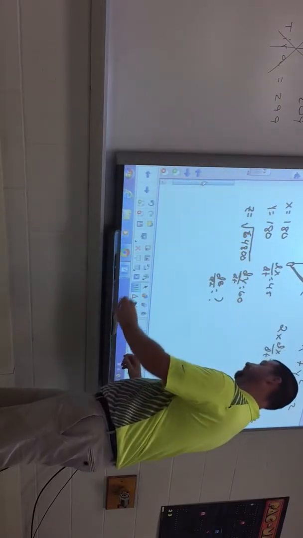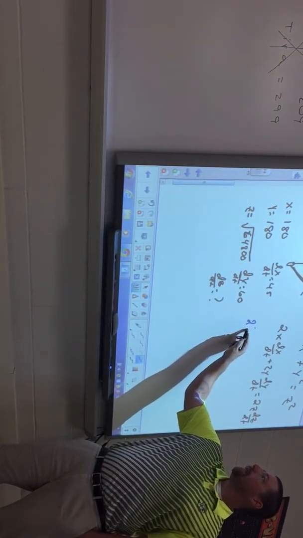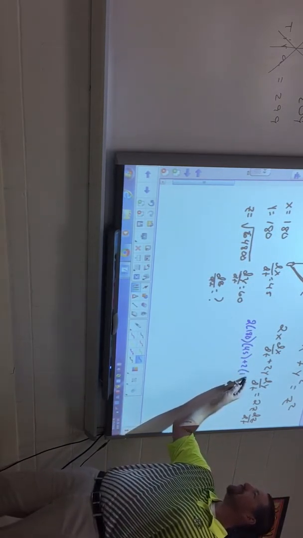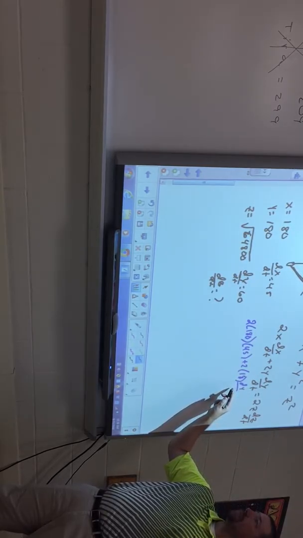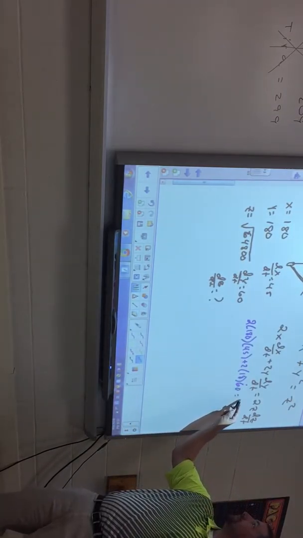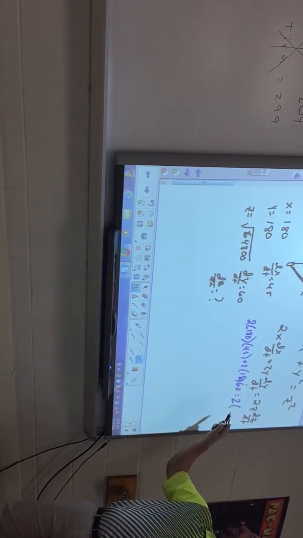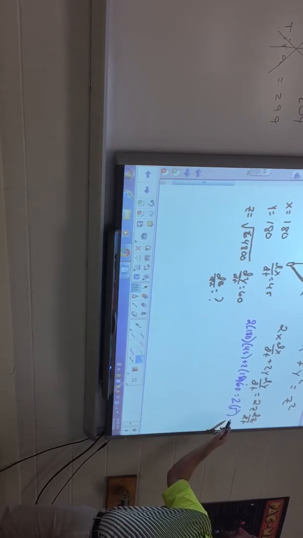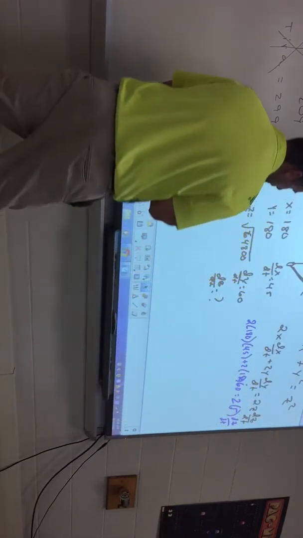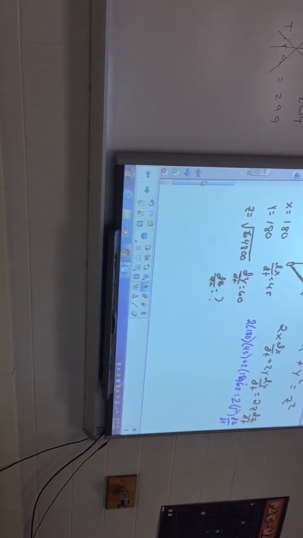So, just put the square root. So 2 times 180, because 180 is how far he's traveled. 45 miles per hour is the speed of x.